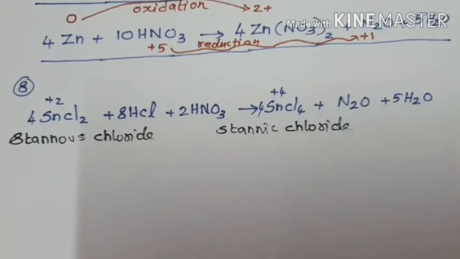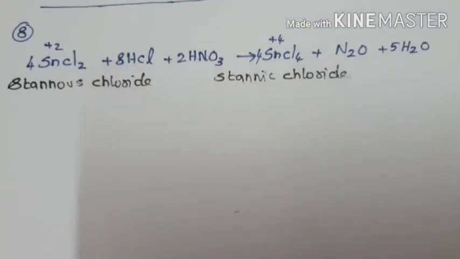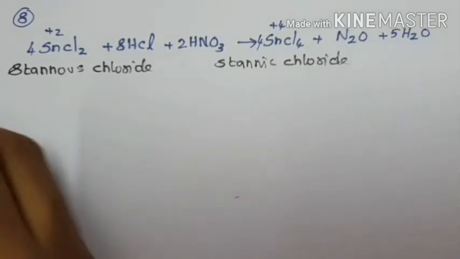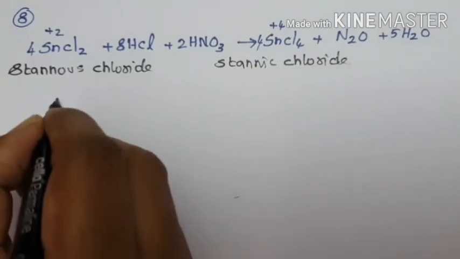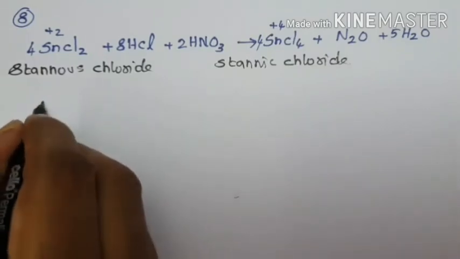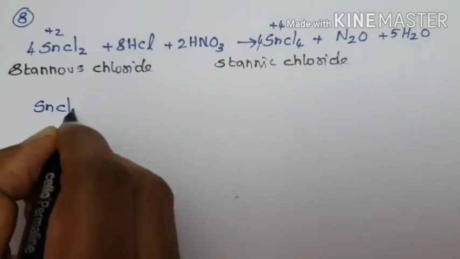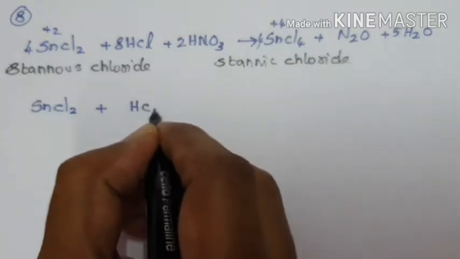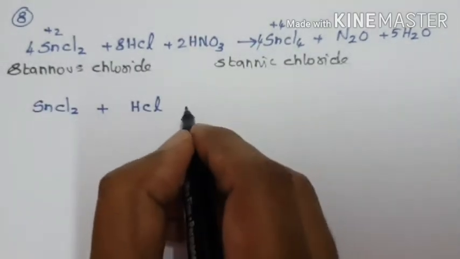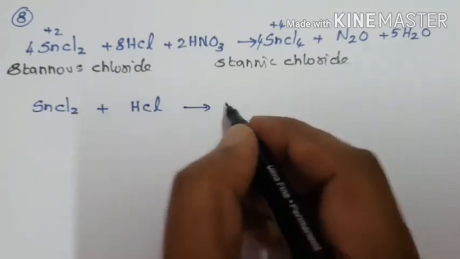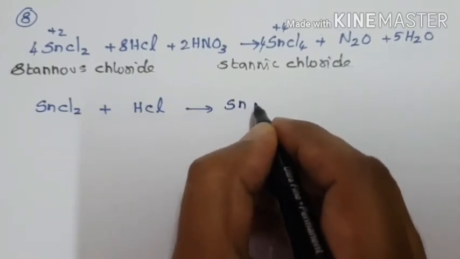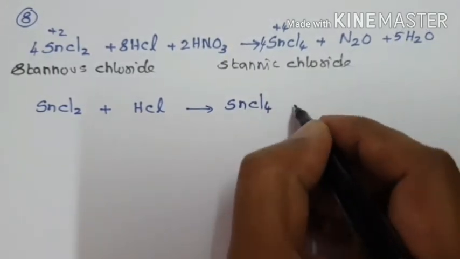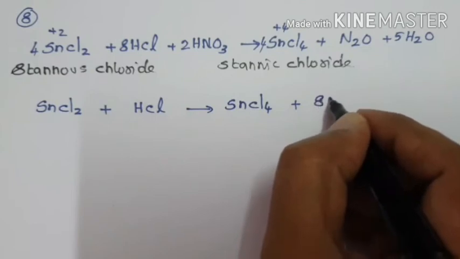Now we are going to see how the reaction takes place as before, in 2 steps. In the first reaction, SnCl2 is oxidized by hydrochloric acid HCl, gives 2 plus oxidized into 4 plus SnCl4 and 8 nascent hydrogen.